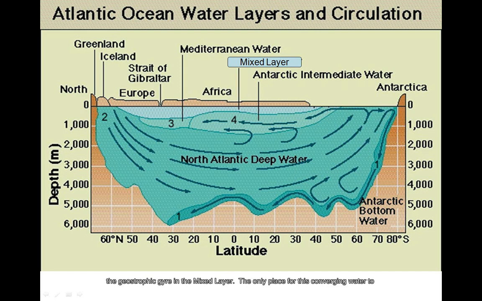But some flows north and then collides with the surface currents of the geostrophic gyre in the mixed layer. The only place for this converging water to go is down, so it sinks to form the Antarctic intermediate water mass, which sits in the South Atlantic Ocean above the North Atlantic deep water and next to the Mediterranean water mass.